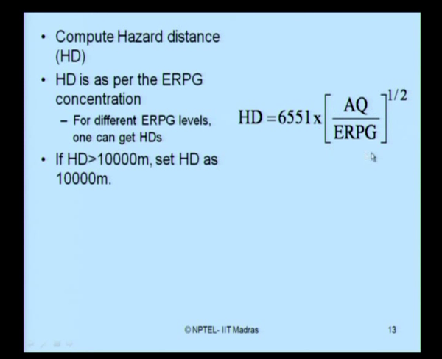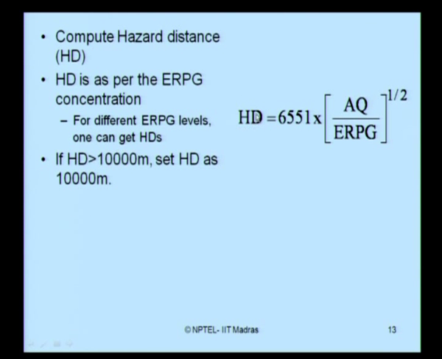Recollect, ERPG level 1, level 2 and level 3 address different kinds of effect of chemical release on human health. So, depending upon a specific chemical, ERPG values are available in the table. Pick up those ERPG values and for each respective ERPG value obtain the hazard distance.